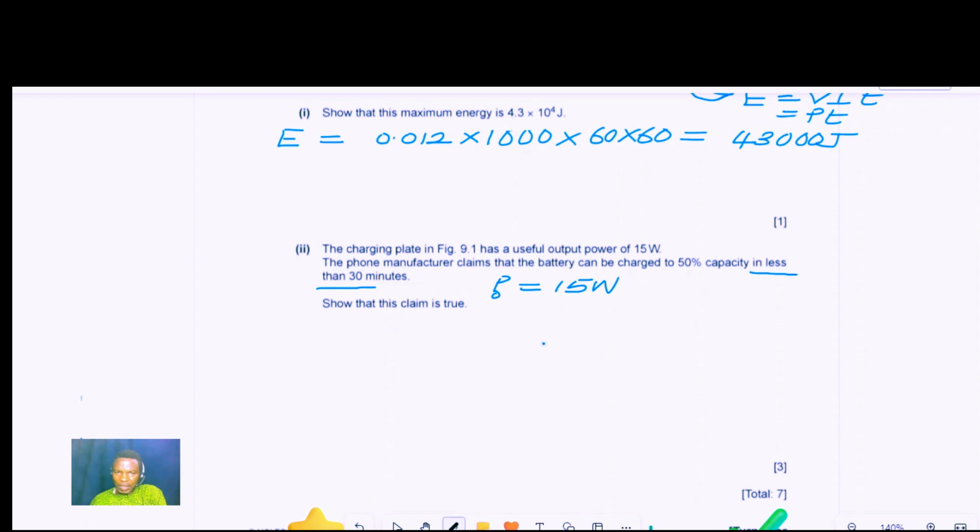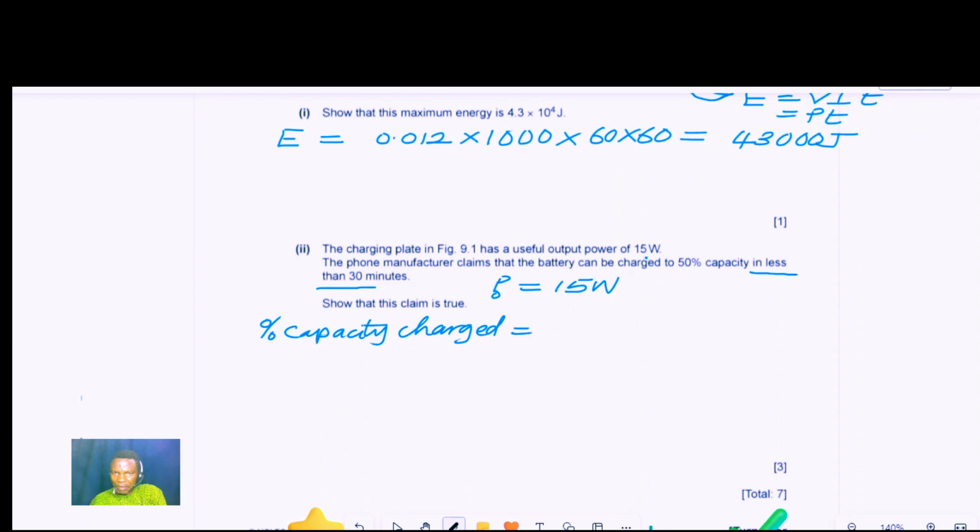Once we know the output power, if we multiply by the time, it will give us the energy. What will be the energy in the phone when it is 50% capacity charged?